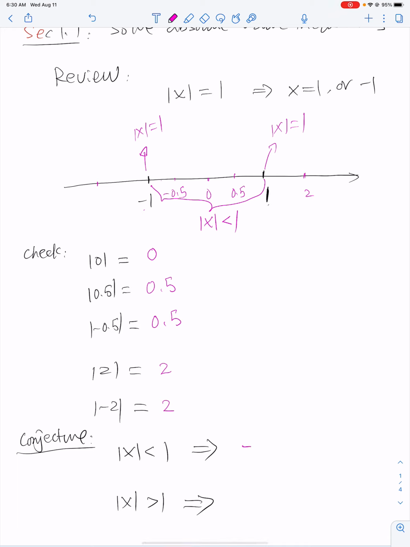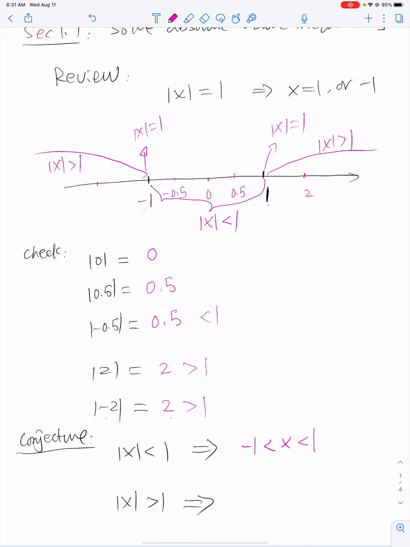So what will be the set builder notation? Negative 1 less than x less than 1. So when will absolute value x be bigger than 1? This part, and also this part, because the absolute value of negative 2 is also 2, which is bigger than 1.